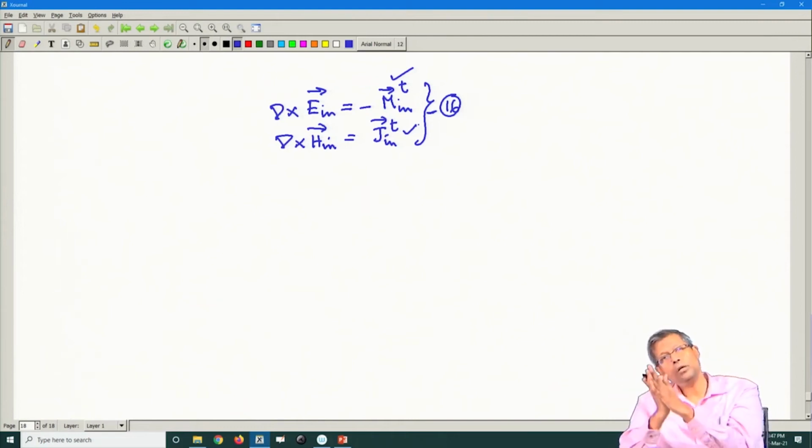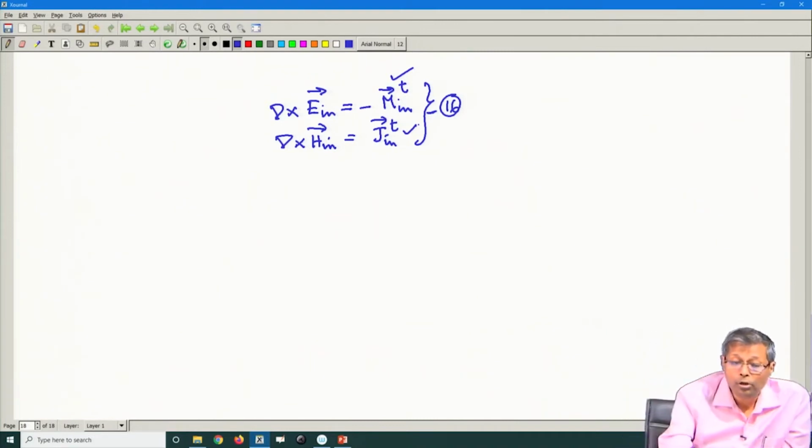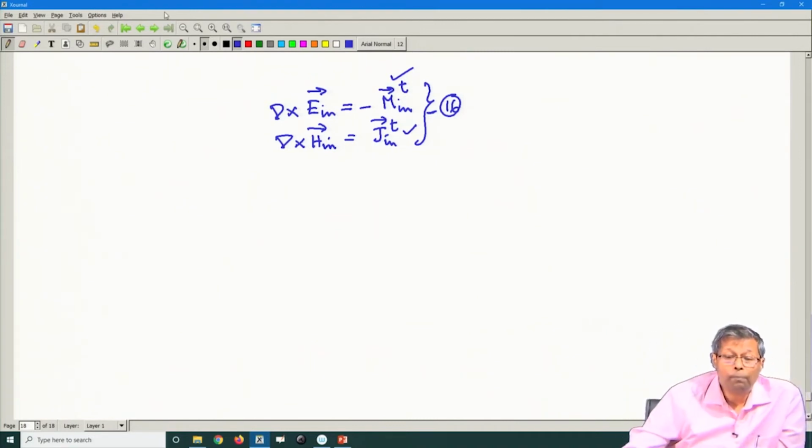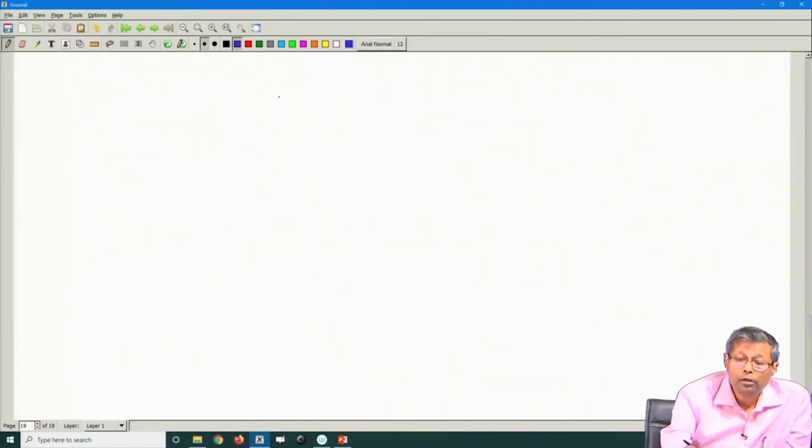Similarly, J in total is a term which contains the electric conduction current, the electric impressed current and the electric displacement current. So, now armed with this knowledge, we are going to find out the power in an electromagnetic wave.